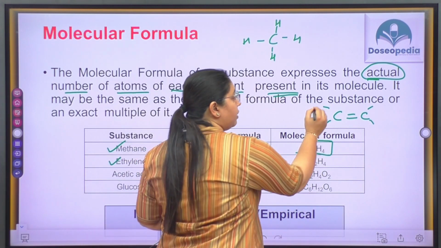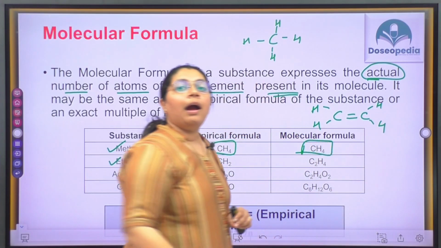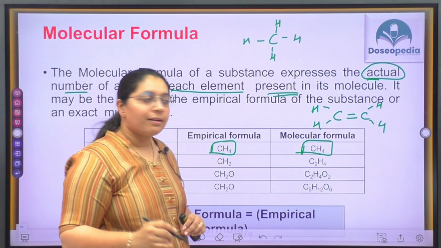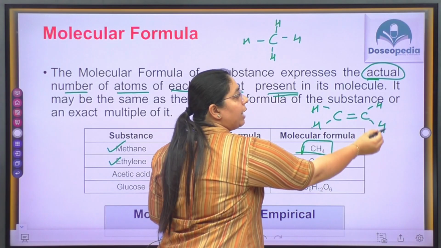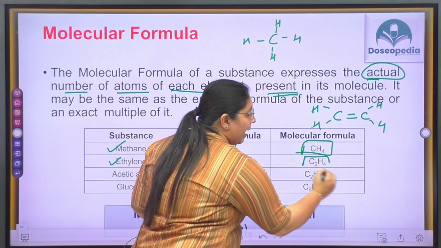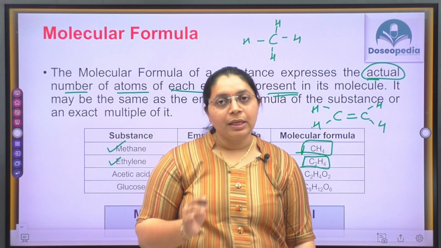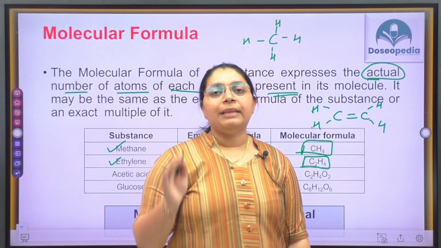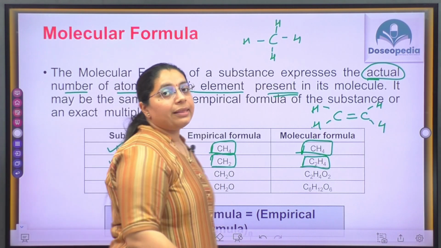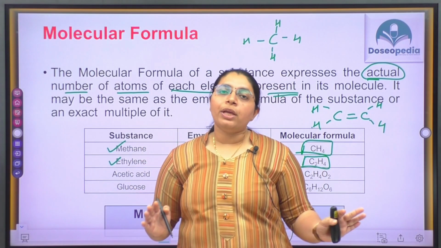In the case of ethylene, these 4 will be hydrogen. Now let's count. How many carbons are there? 1 and 2. How many hydrogens? 1, 2, 3 and 4. So your molecular formula will be C2H4. But if we take the percentage ratio of C2H4, we can write it as CH2. So in the case of ethylene, the empirical formula is CH2, but the molecular formula is C2H4.